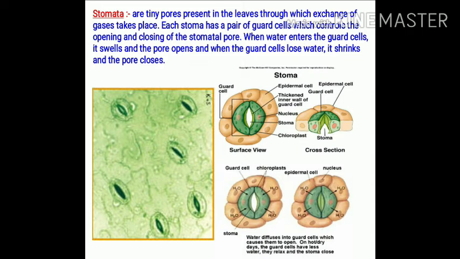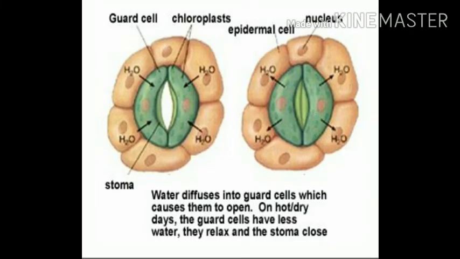Each stoma has a pair of guard cells which control the opening and closing of the stomatal pore. When water enters the guard cells, they swell and the pore opens. And when the guard cells lose water, they shrink and the pore closes.